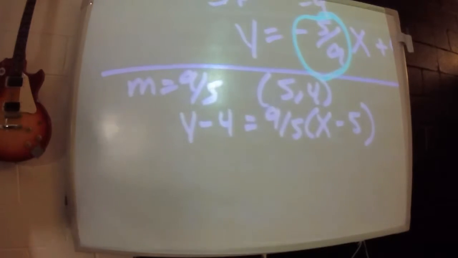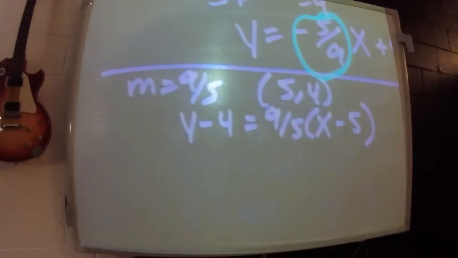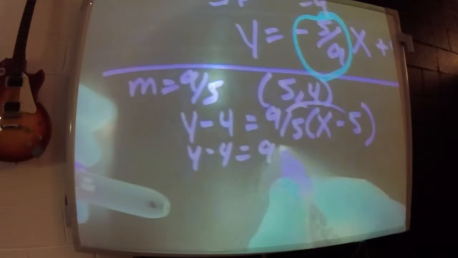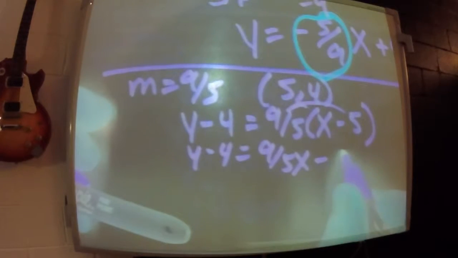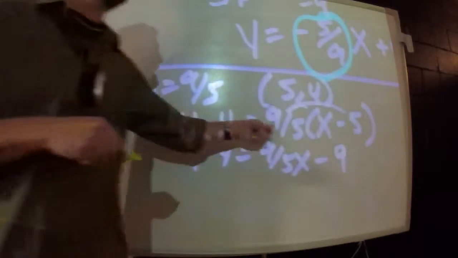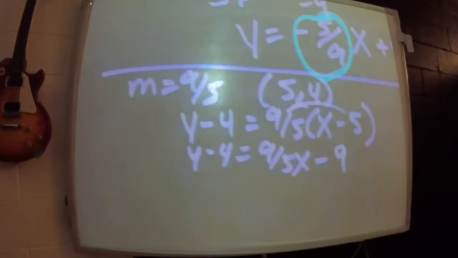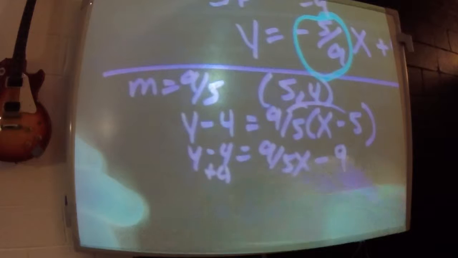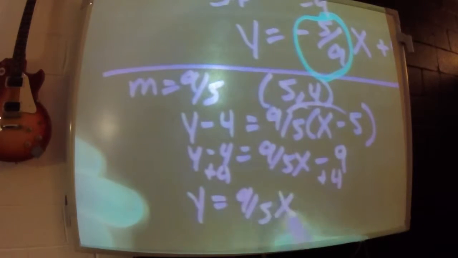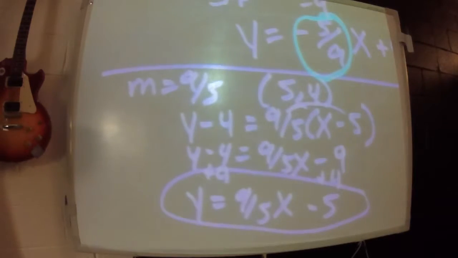This is going to be a little bit uglier because of the fraction, keep that in mind, distribute, and you get y minus 4 equals 9/5 x minus 9. 9/5 times negative 5 is just negative 9. And then add 4. And now y equals 9/5 x minus 5. That is your y equals mx plus b.